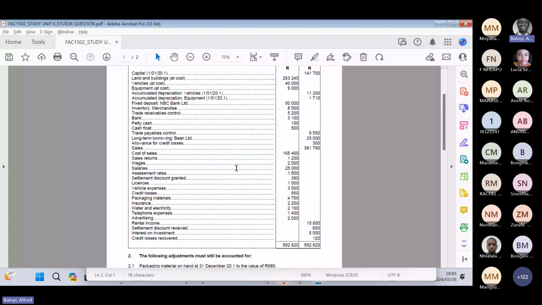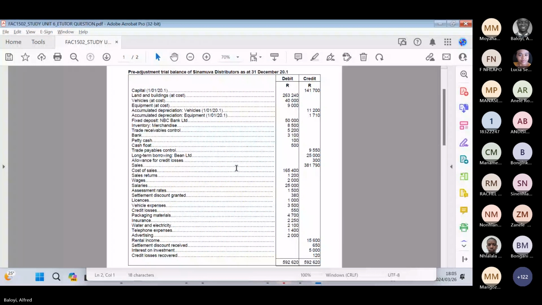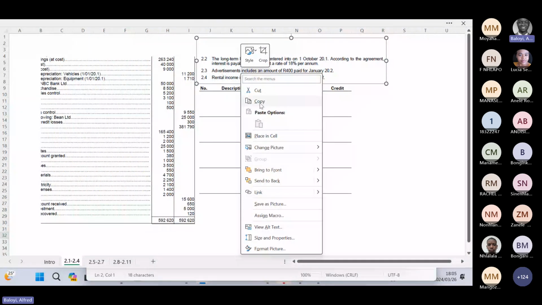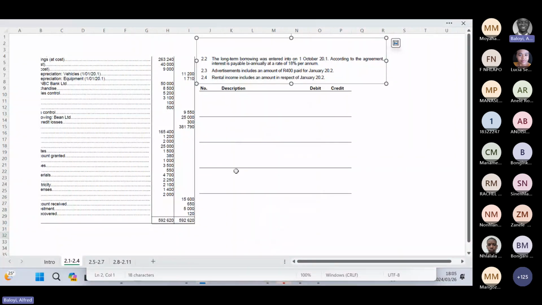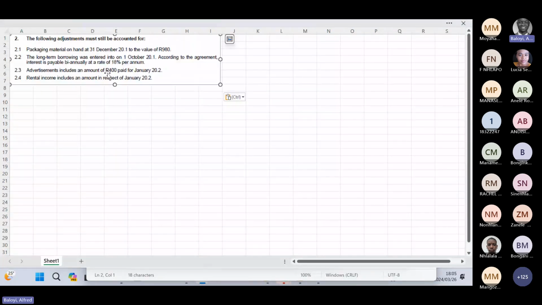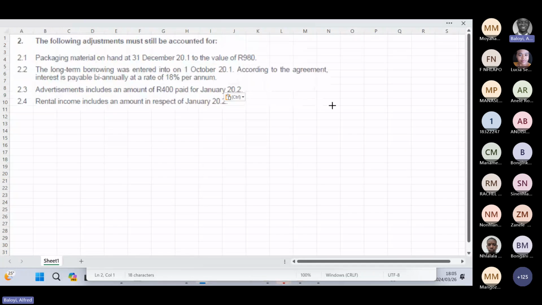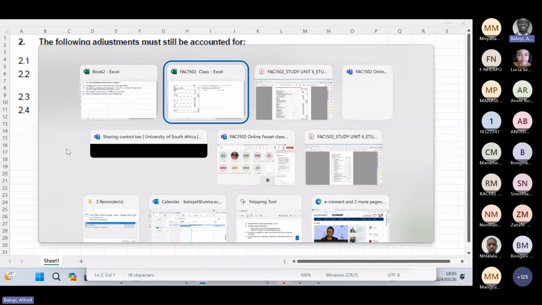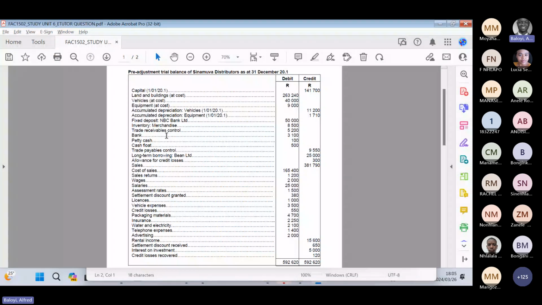Okay, let me just copy this to Excel. So these are the first 4 adjustments, right? And it's coming from us adjusting this trial balance. So will this be better? Can I get any indication that this is better or not?